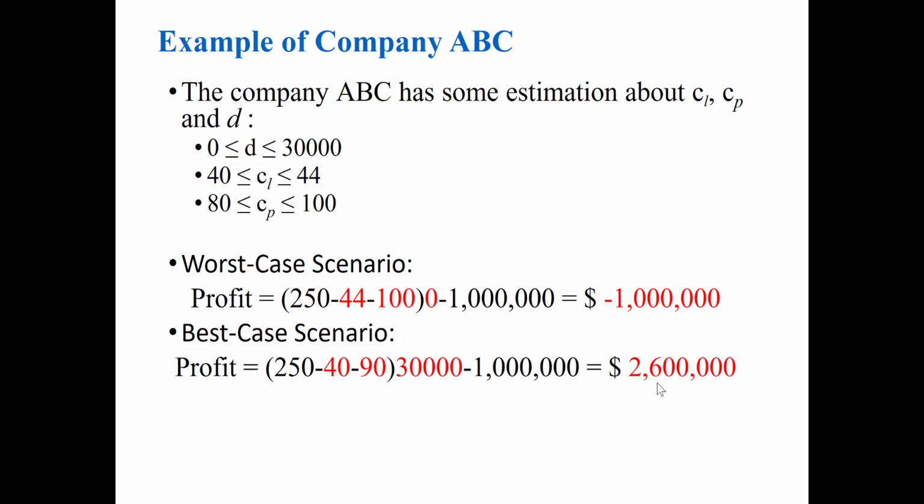In this case, the company is making $2,600,000. So based on this analysis, the company makes something between minus $1,000,000 and $2,600,000. This is the only information that we can get based on the worst and best case scenarios.